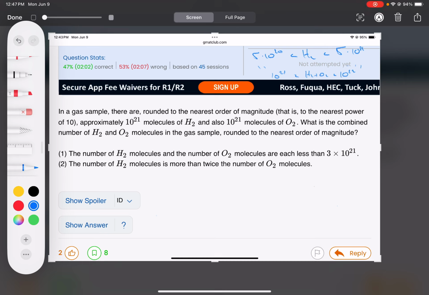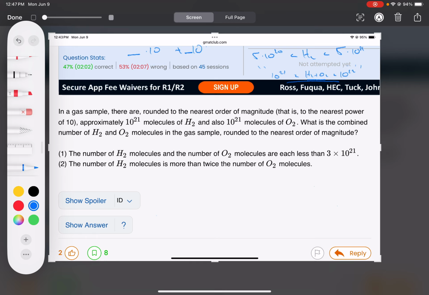But really we can simplify this question even more. When I add something times 10 to the 20 or 10 to the 21, plus another thing times 10 to the 20th or 21, do the sum of these coefficients come out greater than 5 or not?